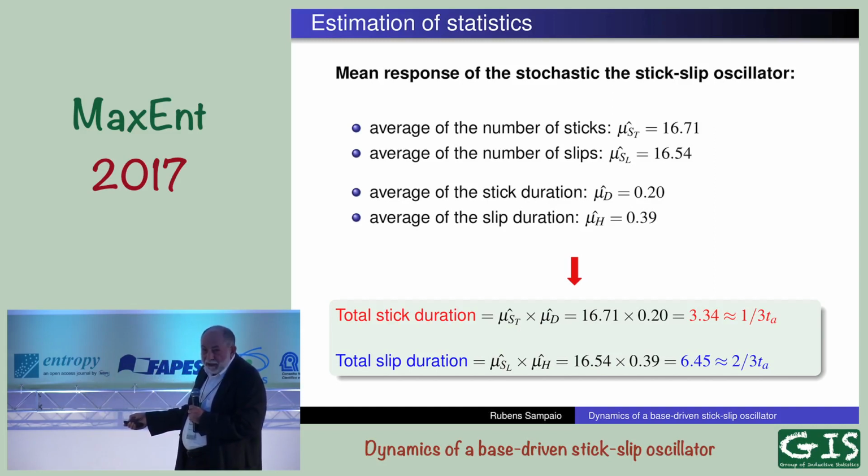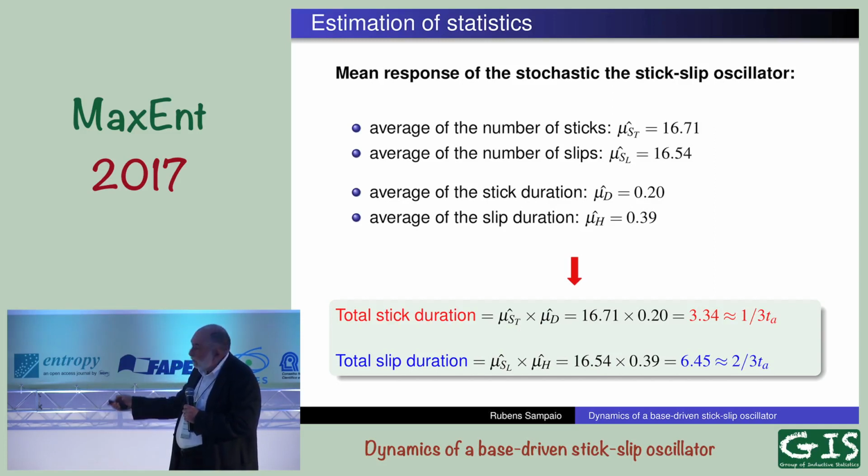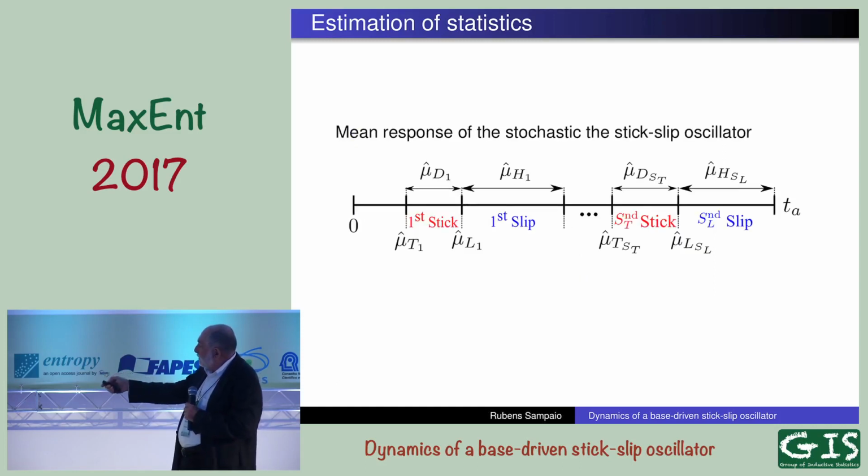So if I am drilling, 1/3 of the time the drill stops, and 2/3 of the time is in fact drilling. So that's the conclusion, and now I can make a graph, and you see that the sticks are smaller than slip and so on. So that's the first part.